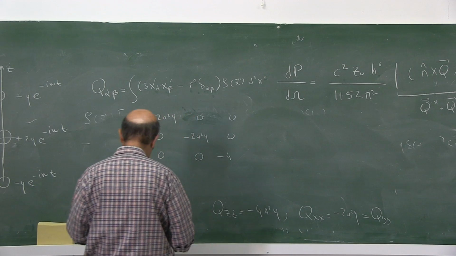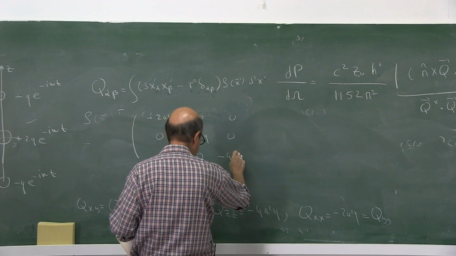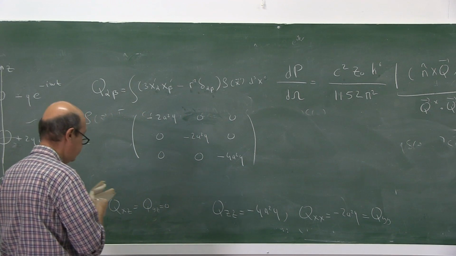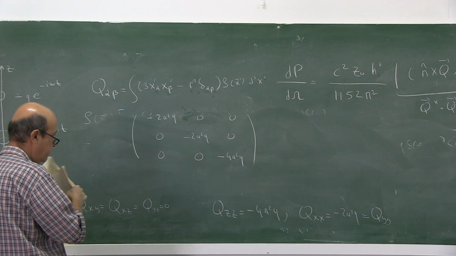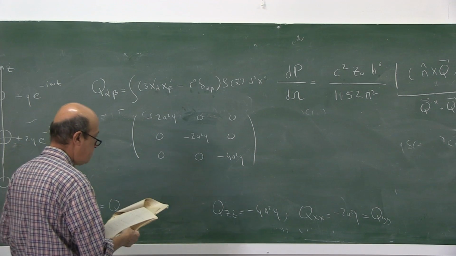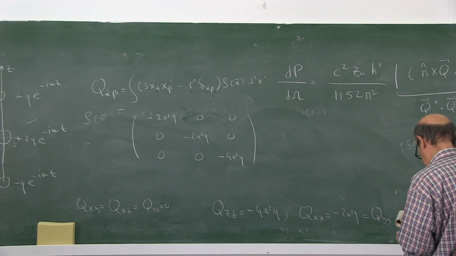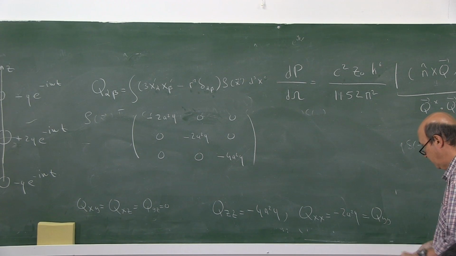Is it minus or plus? I have a mistake here, I will correct. One term should be positive. Which term should be positive? This term should be positive. Why is it positive?